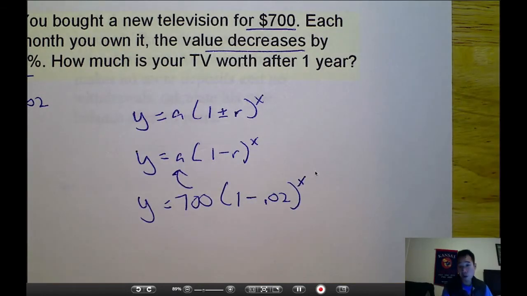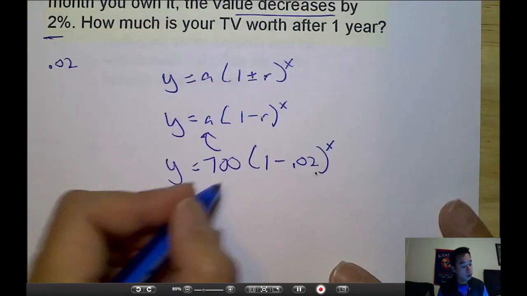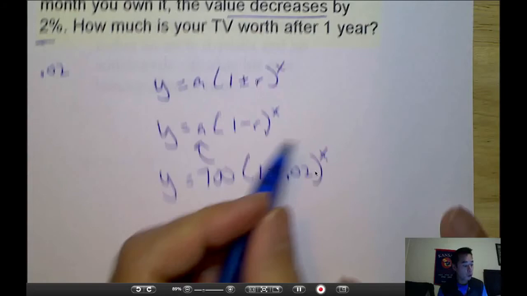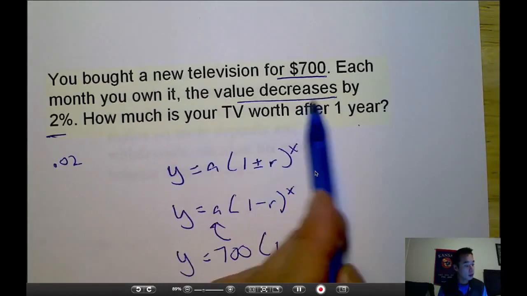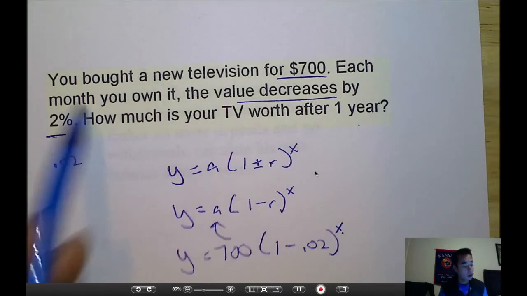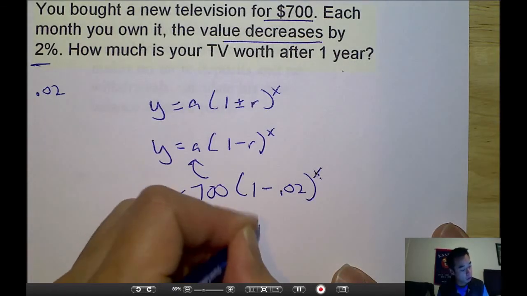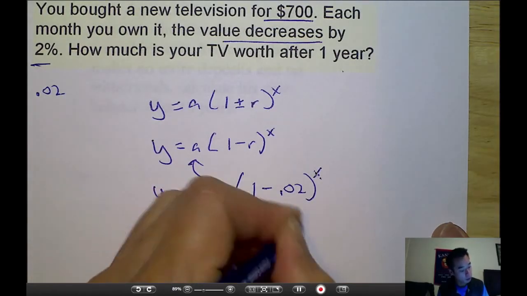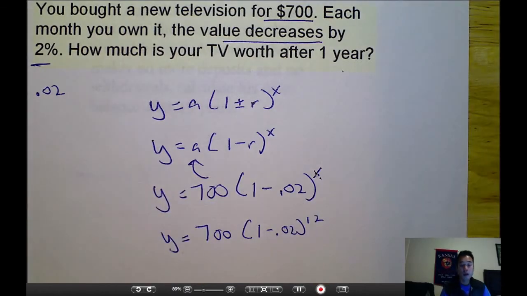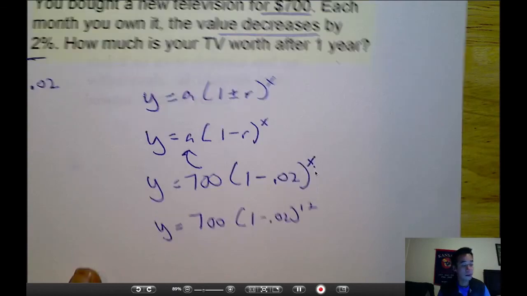All I have to do here is replace x every single time with the amount of time that has passed. So x here after 1 year, but what we know is it decreases every month. There are 12 months in a year. So you get y is equal to 700 times the quantity of 1 minus 0.02 to the power of 12.